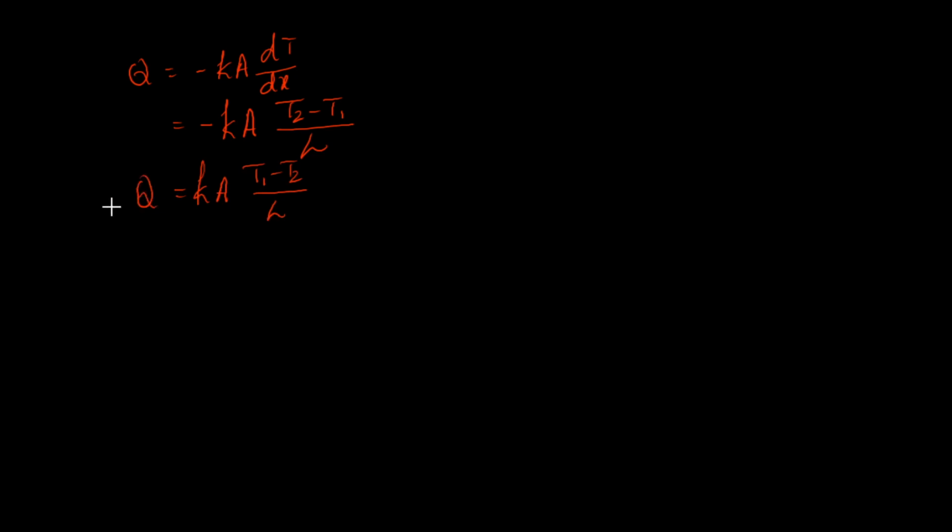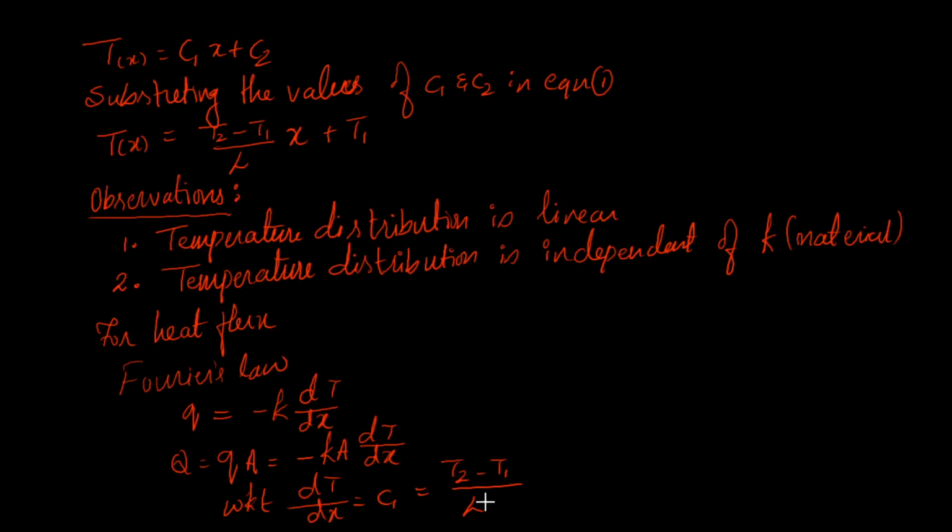So that is the equation for heat transfer rate in Cartesian coordinate one-dimensional heat conduction. And here you can see that dT by dx is C1, which is the temperature gradient, and the temperature gradient is given by T2 minus T1 divided by L, and we know that T1 is greater than T2, which means to say that this term will be a negative term.